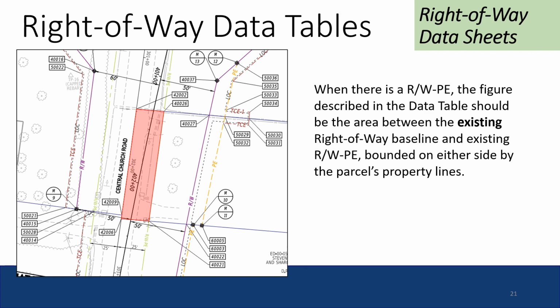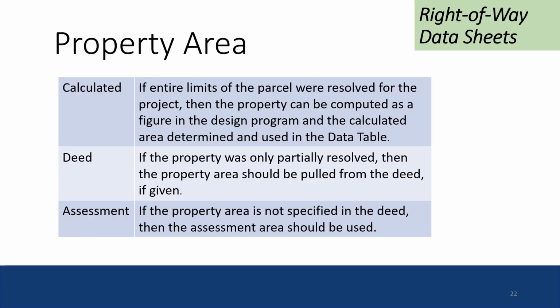When entering property area information into the single parcel PDF on ProjectWise, there are three methods for determining property area: calculated, deed, and assessment. If entire limits of the parcel were resolved for the project, then the property can be computed as a figure in the design program and the calculated area determined and used in the data table.